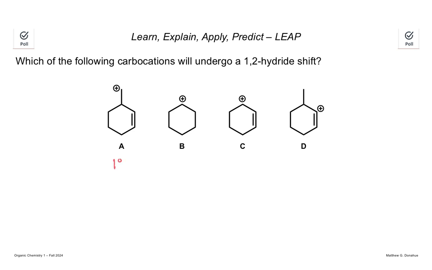So this one's primary, secondary, allylic. And then what do you think D is? So it's sp2, so that's vinyl. So that one, again, we can take out of the running because it's not going to do anything. It's super unstable.